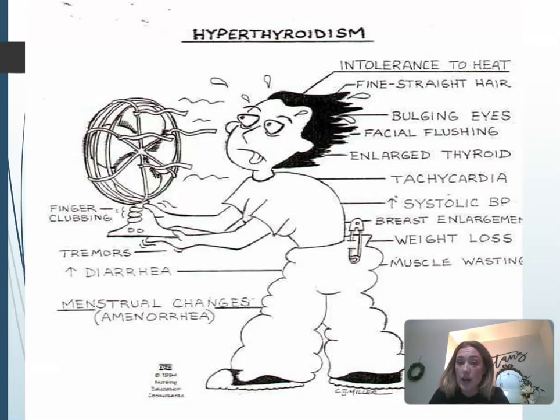Increased heart rate. They could have an increased systolic blood pressure, could have breast enlargement. They typically have weight loss and muscle wasting. They can have amenorrhea or menstrual changes, tremors, and diarrhea. Okay, so these are signs and symptoms of your hyperthyroidism. Everything's kind of increasing.